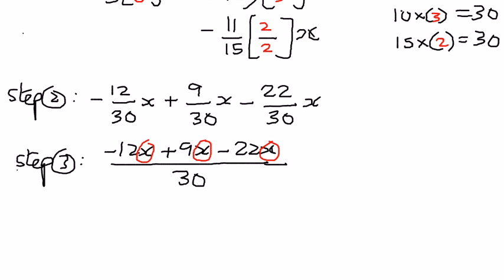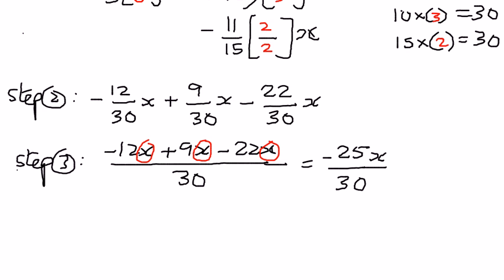So to do that, we can follow this process. Negative 12 plus 9 is negative 3. Negative 3 plus negative 22 is going to be equal to negative 25 divided by positive 30, right? And we need to put an x after that.